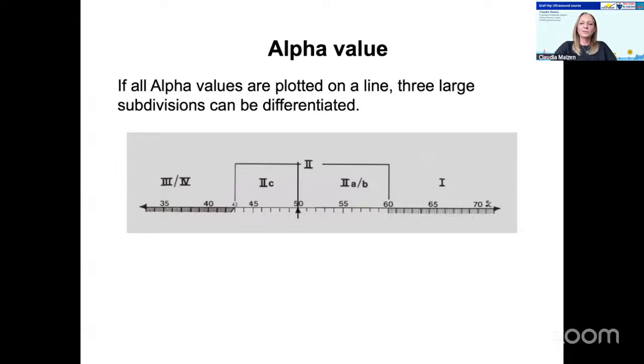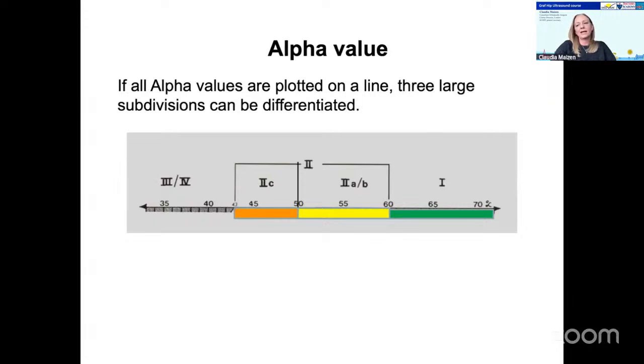So if we now plot the alpha angles on a straight line, like in the sonometer, which is a ruler that we use and also distribute in our courses, we have three large subdivisions. We have the type 1 hips that are the mature hips. We have the type 2A and B hips, which are the immature hips depending on age. The type 2C hips, which are also type 2s, they're still centered hips and they're stable hips.